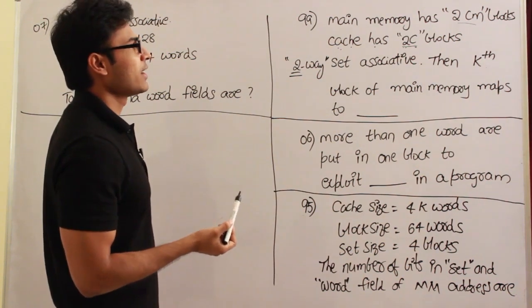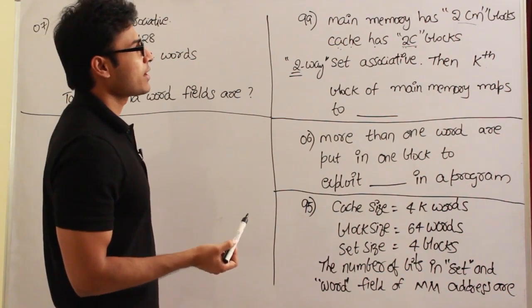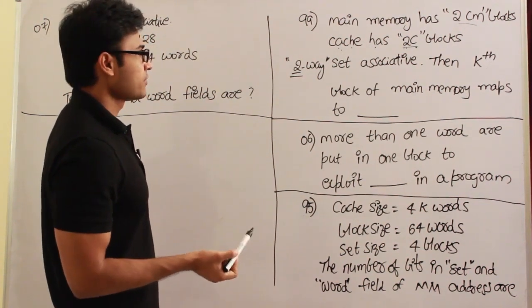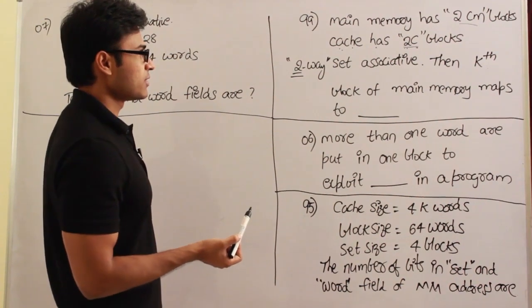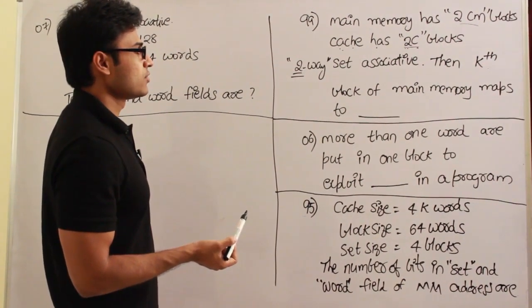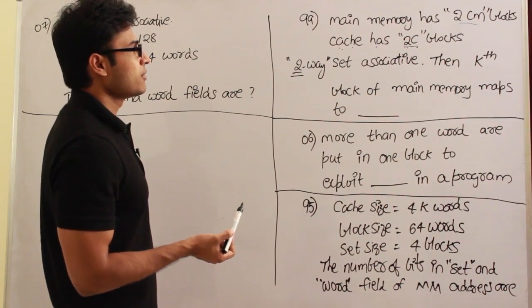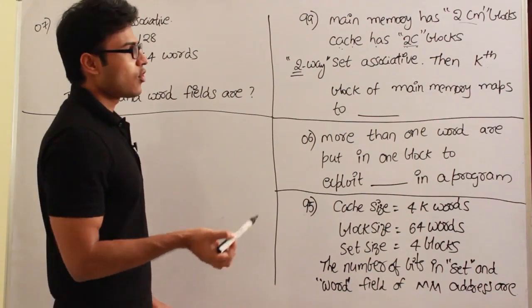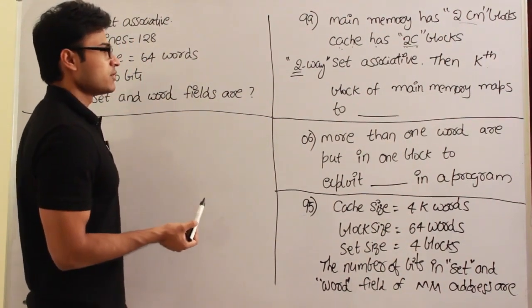Therefore, if I use direct mapping, maybe the number of tag bits is log m, or I don't know what they are going for. Why have they taken these numbers? Maybe they just want to show us that the main memory has exactly m times the size of the cache. Whatever it is, we can do it directly without all those numbers.